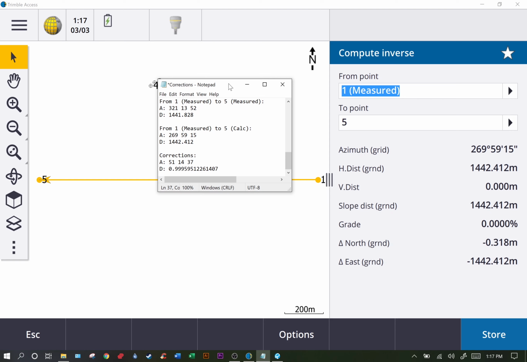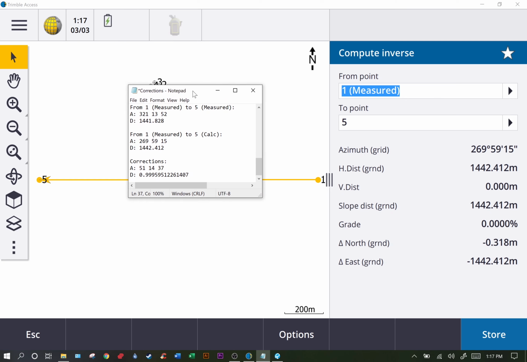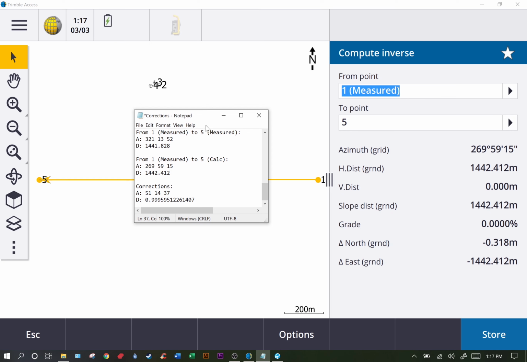alright. So next I need to figure out my corrections. I know that my correction is going to be, for the azimuth anyway, the azimuth I need to add to my calc point to get it to be the measured point. So simply I just subtract my calced azimuth from the azimuth connecting my two actual points, and that gives me 51 degrees 14 minutes 37 seconds.